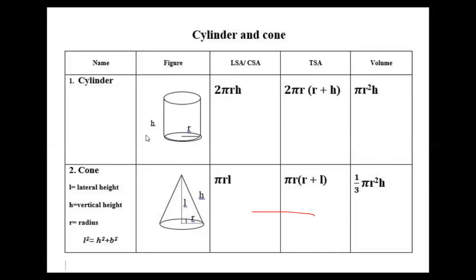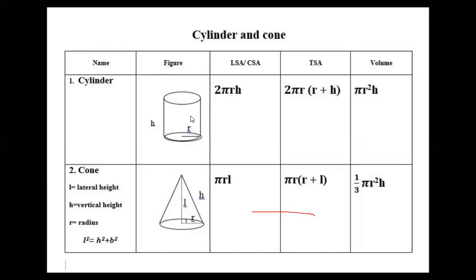So cylinder, what is the cylinder? If you take a pencil or a pen, you can see a round shape. That is called a cylinder. If we see any box or any vessel that is round and elongated, that is called a cylinder.